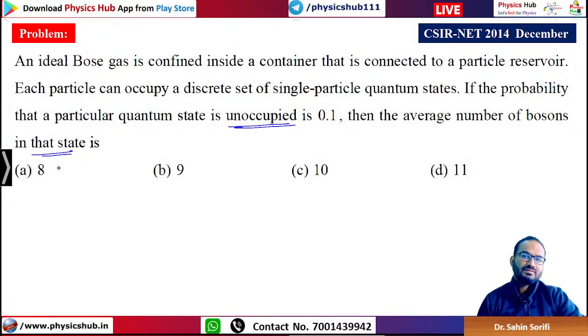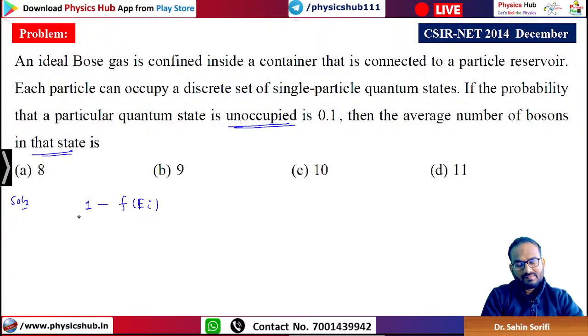Actually, this is the easiest problem. Probability for a particular state with energy, let's say Ei, you know, this is f of Ei. So probability of not being occupied is how much? 1 minus f of Ei.